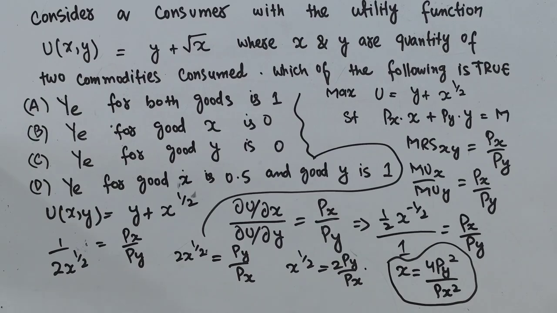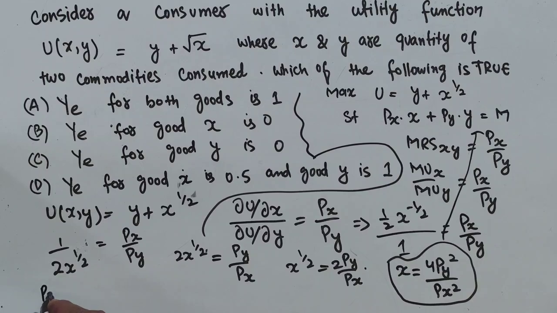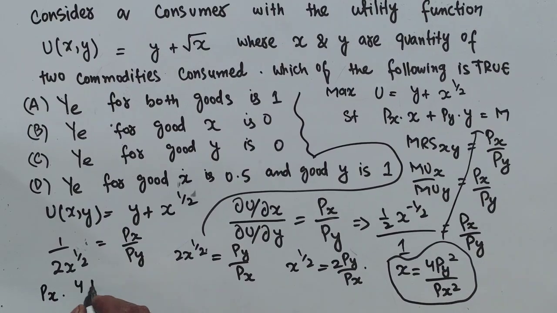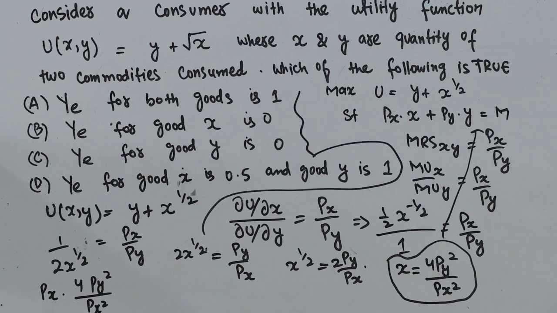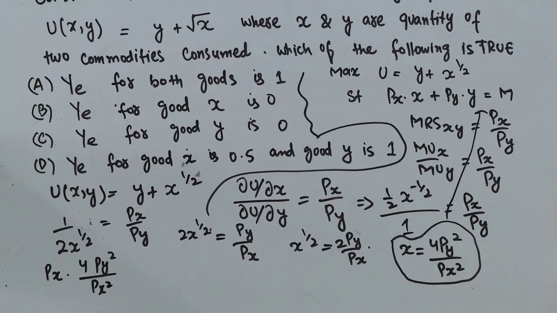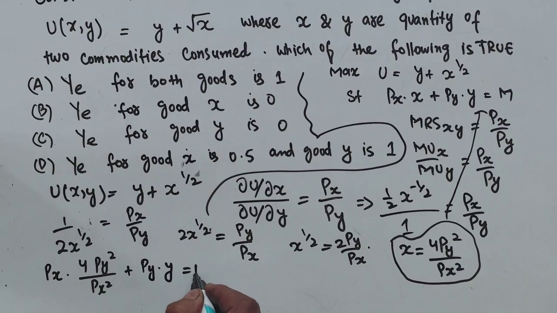Now the demand function for good y: plug this value into the budget constraint. So price of x times the value of x, which is 4Py² divided by Px², plus Py times y is equal to m.